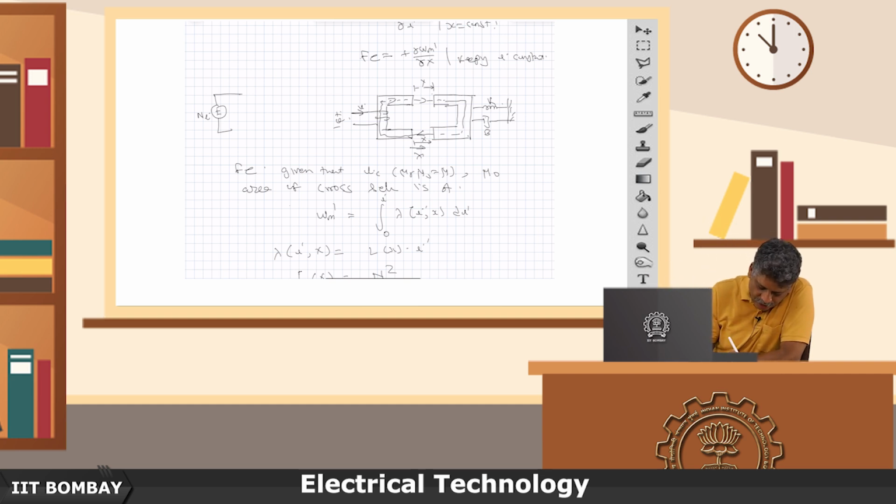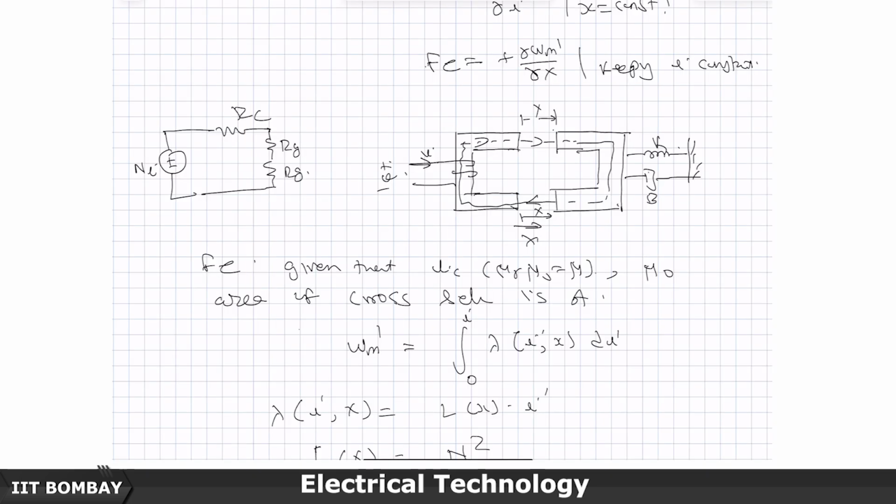So, it will give you a reluctance R c, which will come in series with this air gap reluctance and this air gap reluctance, one R g and the other R g, and this is the flux phi.